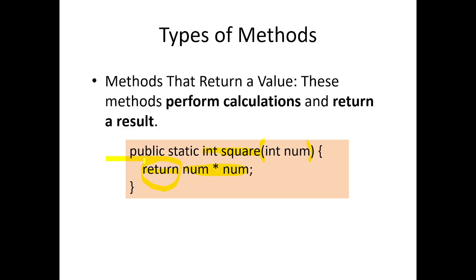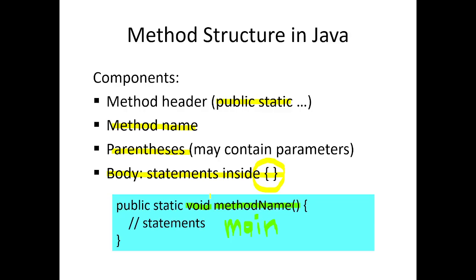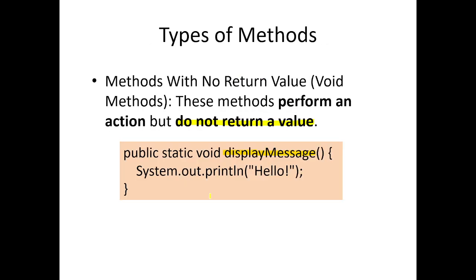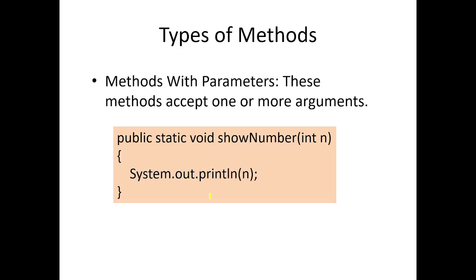Okay, next up is methods with parameter. Parameter is this one, the one in the parenthesis. This program has no return value because in the body of this method there's no return.